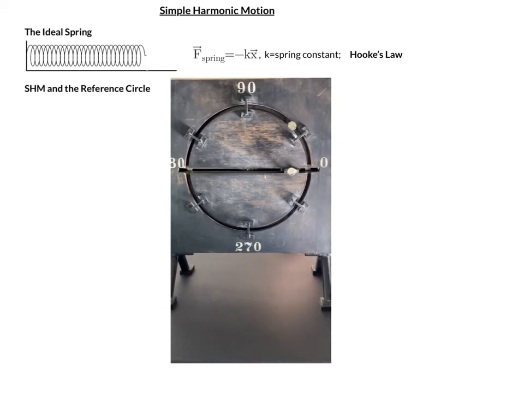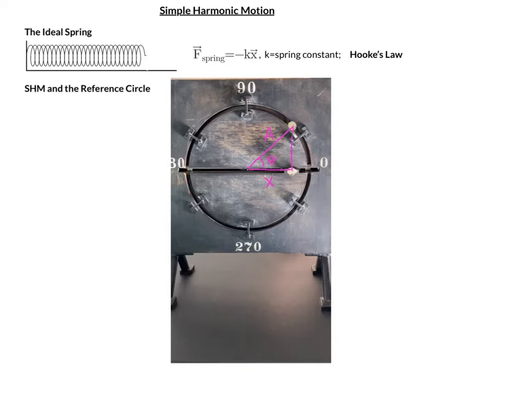So let's try to draw this on here. So if this would be the radius of my circular path, I'm going to call it A, and I'm going to draw a projection onto the x-axis. I have this triangle here, and that would be side x, and this would be angle theta.